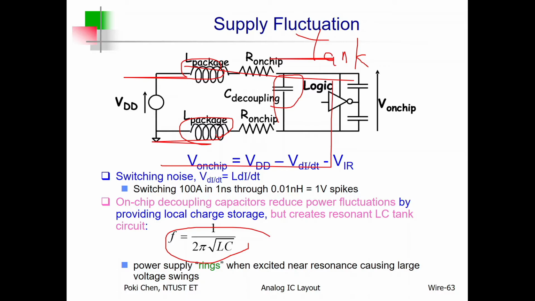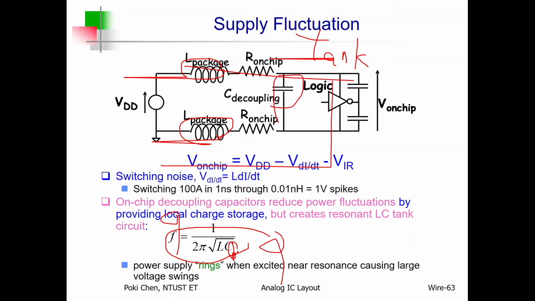The problem is, in the past, we needed only a small capacitor, so the resonance frequency was really high, far beyond the operation frequency of your chip. However, nowadays, the on-chip decoupling capacitor is so huge.